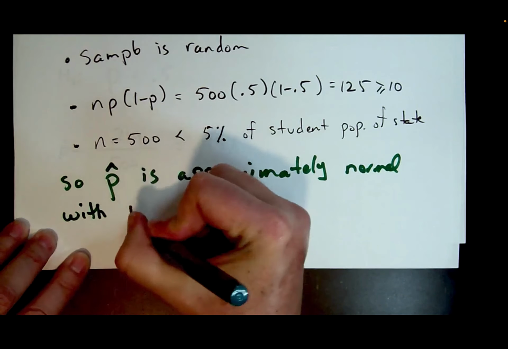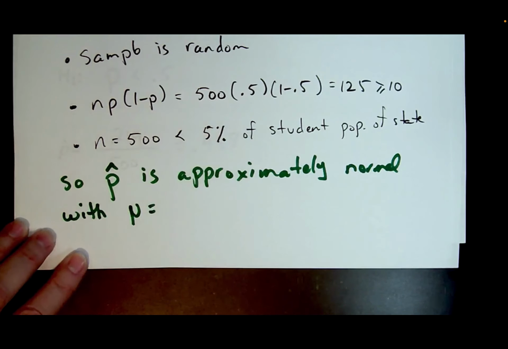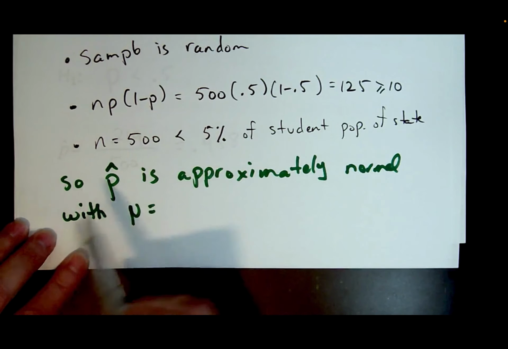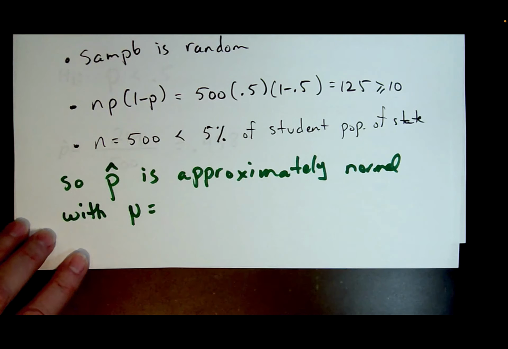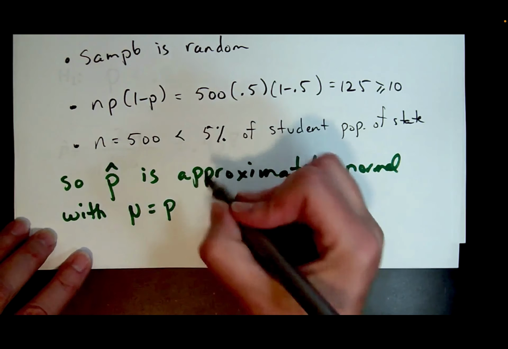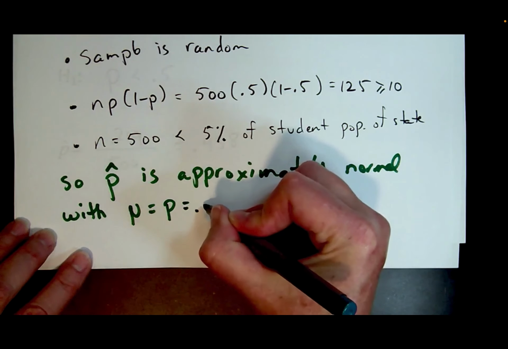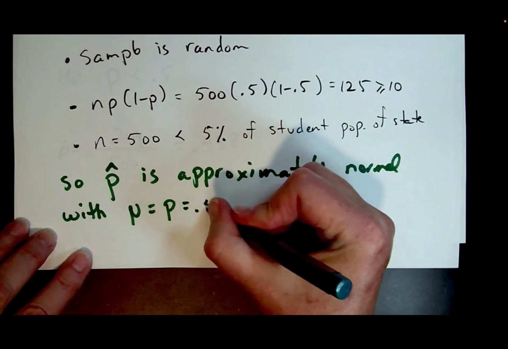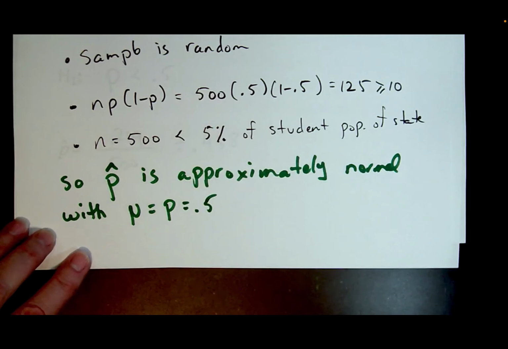With mean and standard deviation, so we're going to need the mean and standard deviation to convert this nice normal p-hat to the even nicer standard normal z. To do that, we'll need the mean and the standard deviation. Mean is always the population proportion, which we are assuming again to be 0.5, half, 50%.